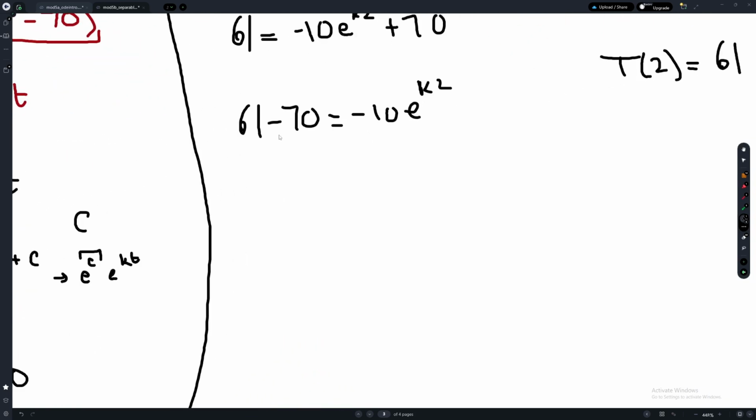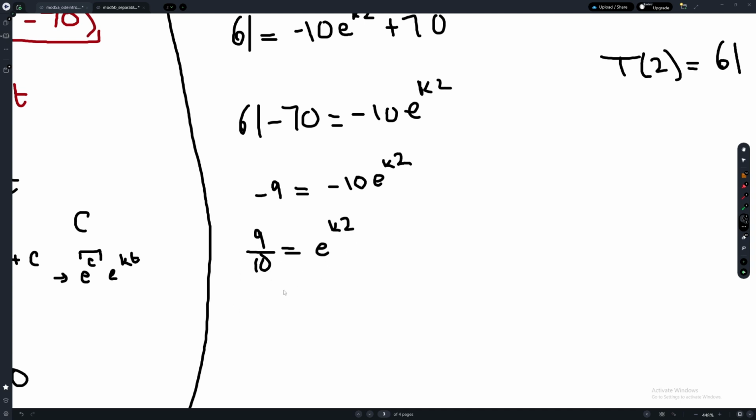Okay, 61 minus 70 is negative 9 equals negative 10, e to the 2k. I'm just rewriting this. Divided by negative 10. So now we'll get 9 over 10. The negatives cancel out when we divide, so I'll delete this so you don't think it was a positive. Now what we have is e to the k2.